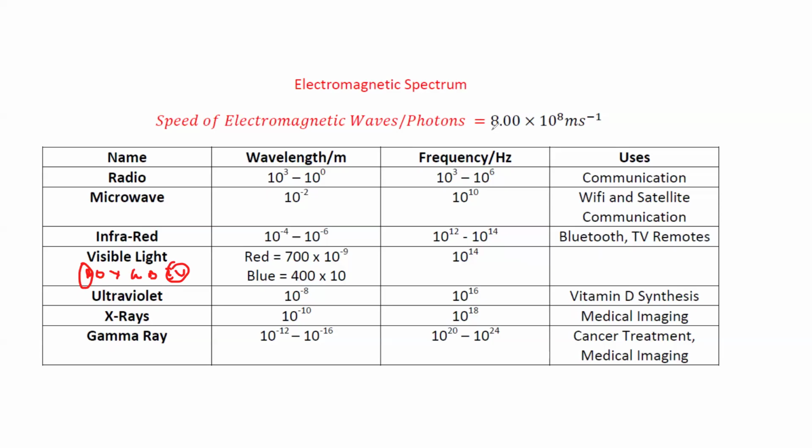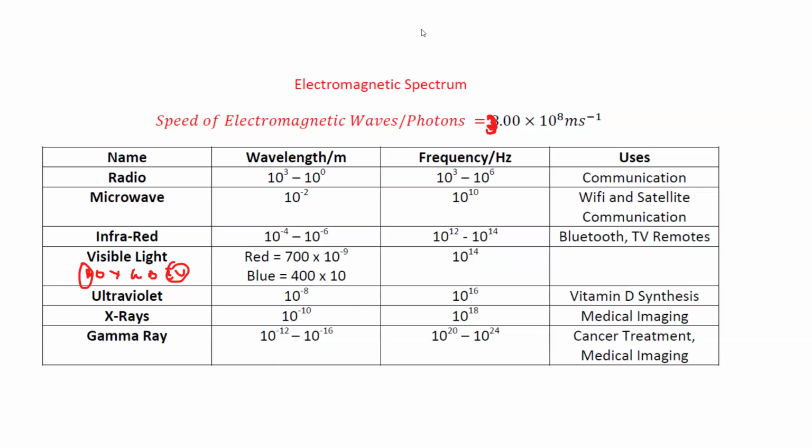What is the mistake here? This is 3 into 10 power 8, not 8 into 10 power 8. This is 3 into 10 power 8 meters per second, the speed of all electromagnetic radiations. You have to learn these orders for frequency as well as wavelength.